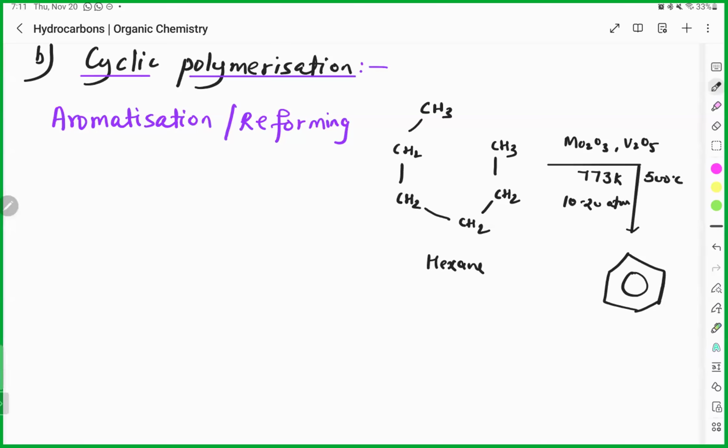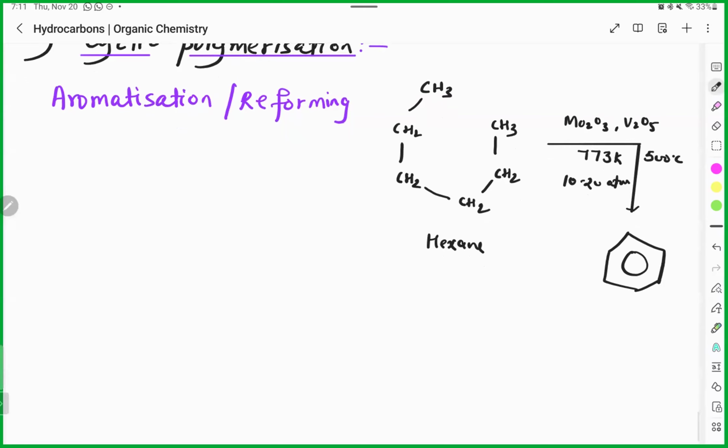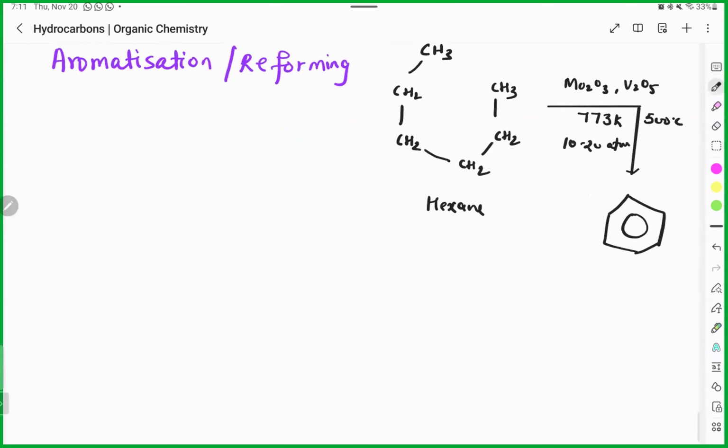Almost the product is the same, but you can make the same benzene ring from ethyne also. Here we are using a red hot iron tube at 600 degrees Celsius temperature. And it is one of the best routes to convert an aliphatic into an aromatic. Two methods: one from the hexane and second from the alkyne.